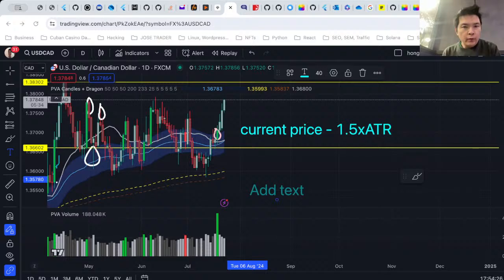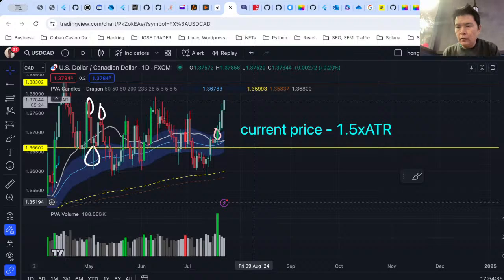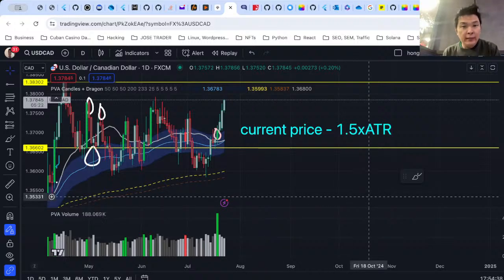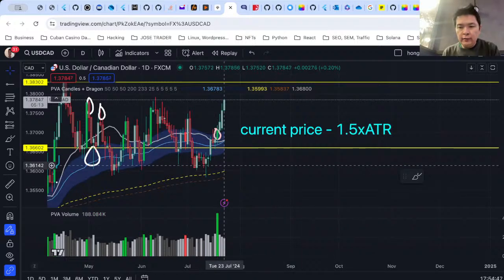So let's say you enter your trade on a Tuesday, that's going to be the value that the previous candle closed on, on Monday. I remember for this trade, we entered on a Monday.